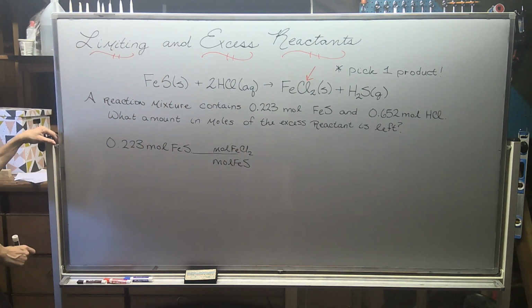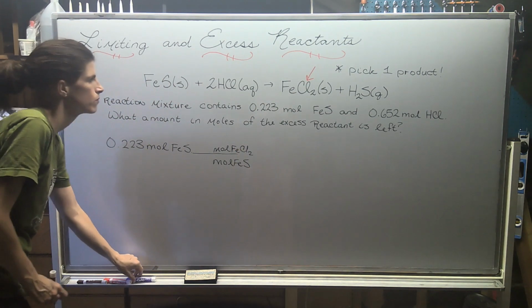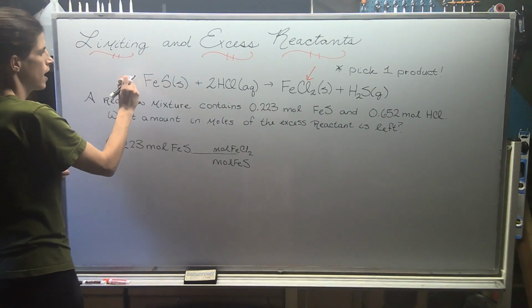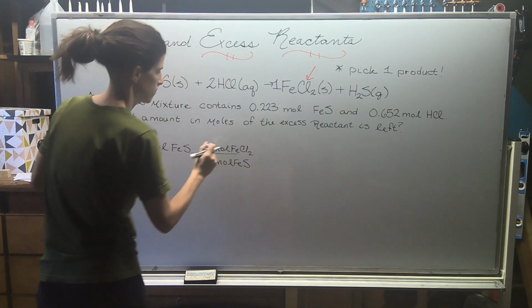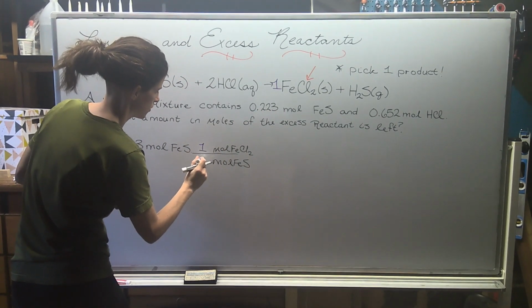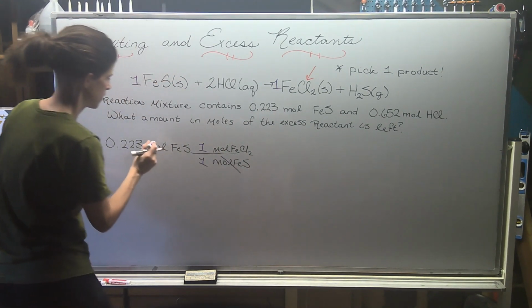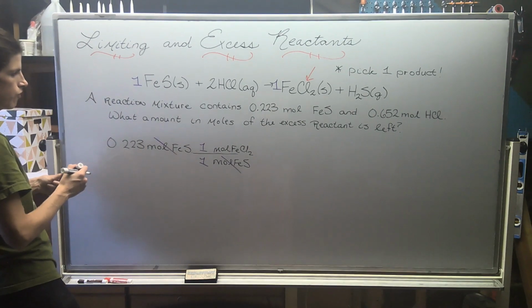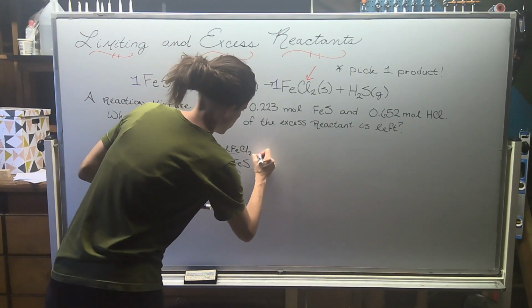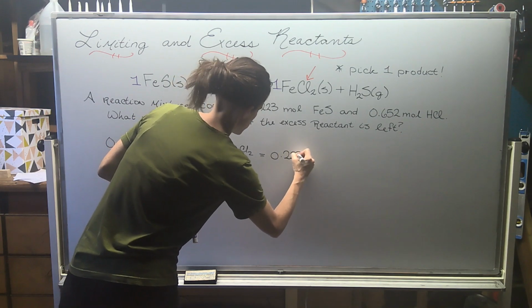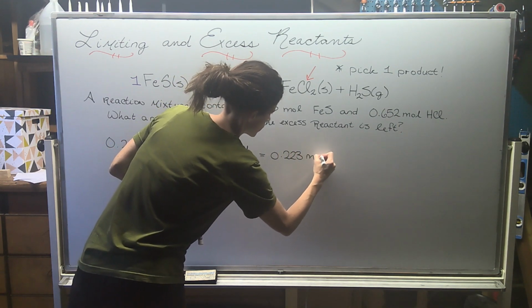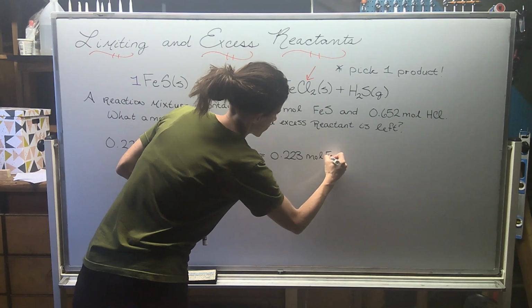Grab those mole-to-mole conversion factors. So there's a 1 out front here and a 1 here. They're both understood. So moles of iron sulfide cancel with moles of iron sulfide, and I get 0.223 moles of iron chloride.